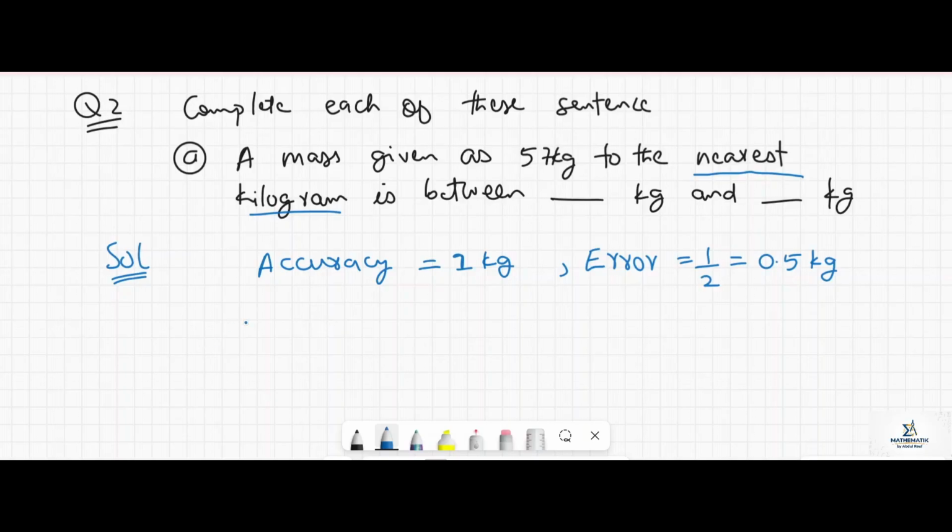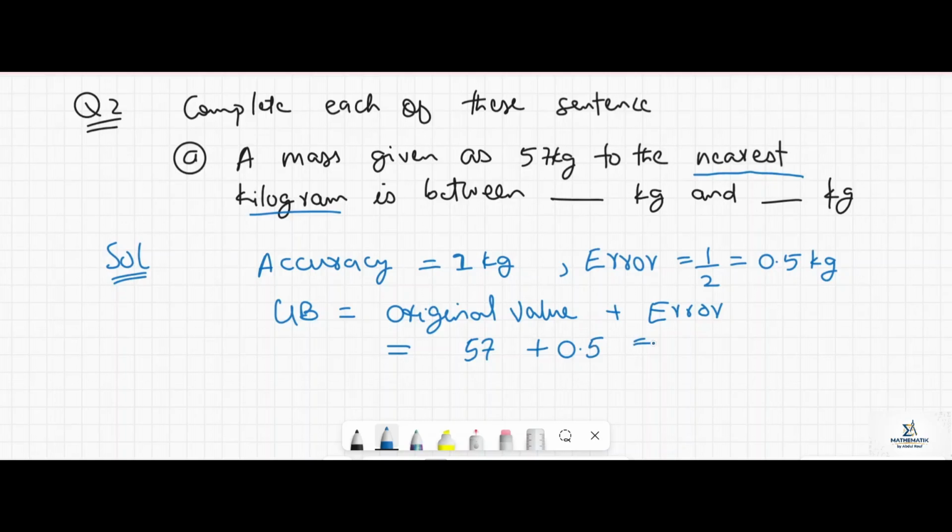So the upper bound for this is UB, its original value plus the error term. So original value is 57 plus the error term, which is 0.5 kg. So you will get 57.5 kg. So this is our upper bound.